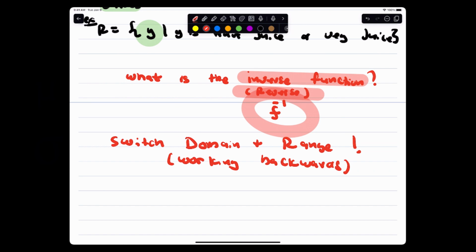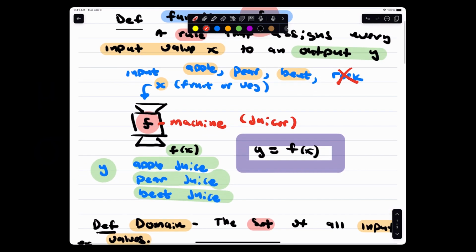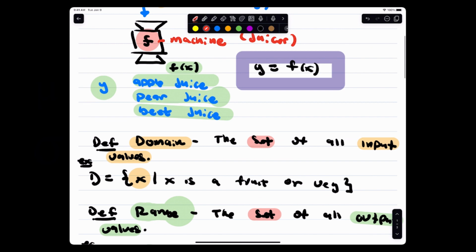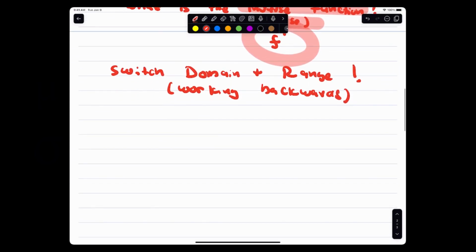If I switch my x and y values, switching domain and range, in other words, you want to switch the domain and your range.